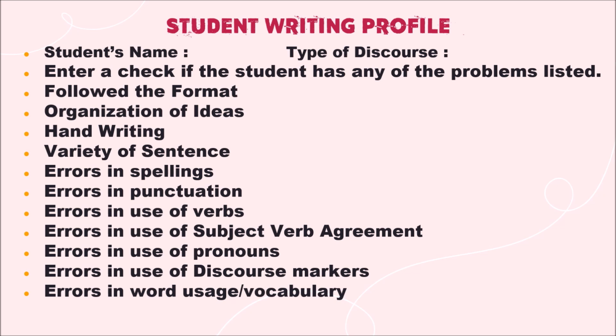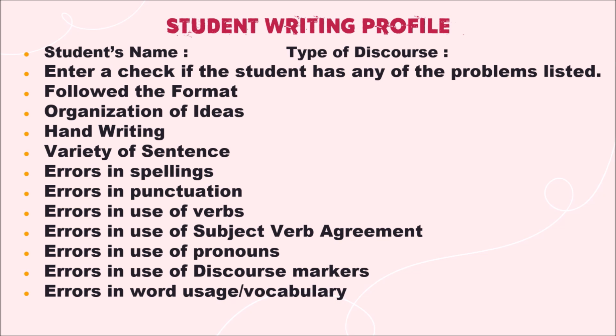The first one is whether you have followed the format or not. The second one is organization of ideas, and the third one, what is more important, is the handwriting. It should be legible and clear. The fourth one is what kind of sentence patterns you are using.